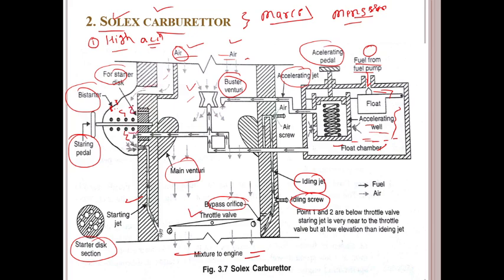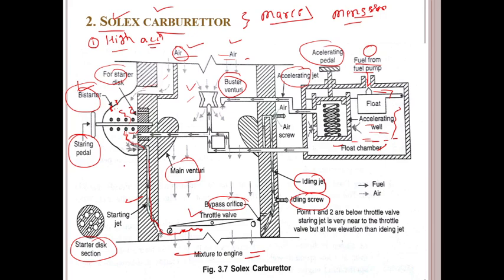If you observe here, from the bystarter the fuel goes to the throttle. The main function of the bystarter is to overcome the problem encountered when starting the engine, especially in winter seasons. This gives the engine a rich mix at the time of starting.